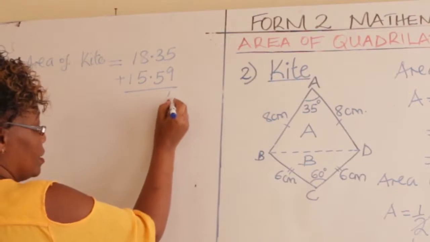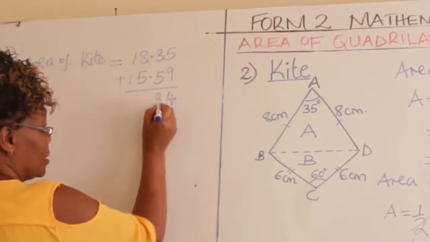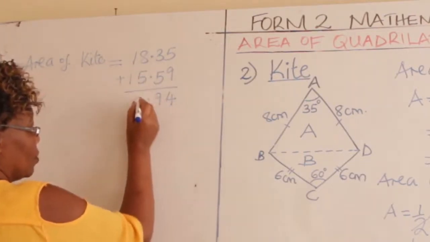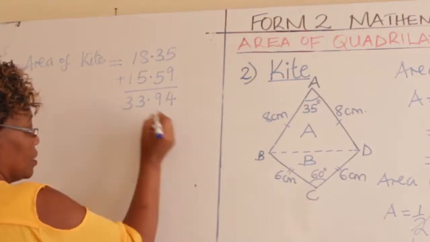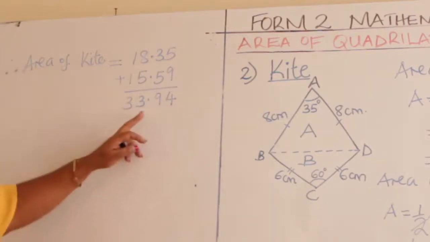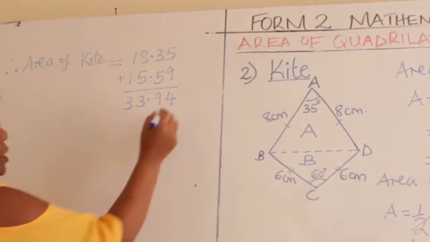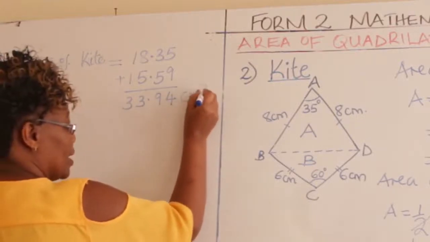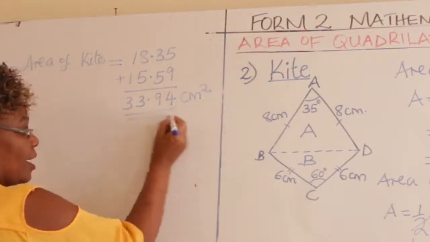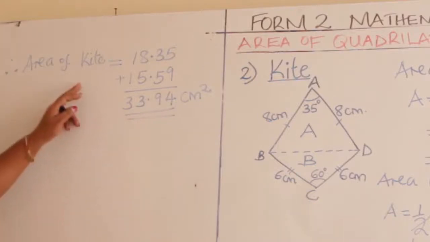So you add this accurately, and you get 33.94 centimeters square as the area of our kite.